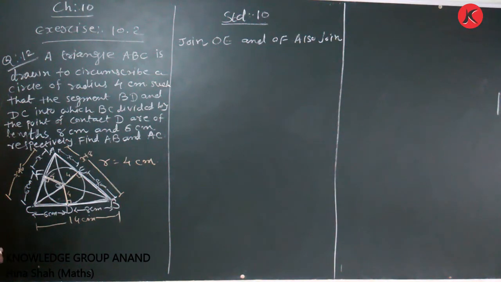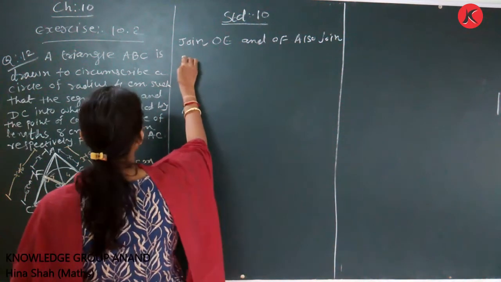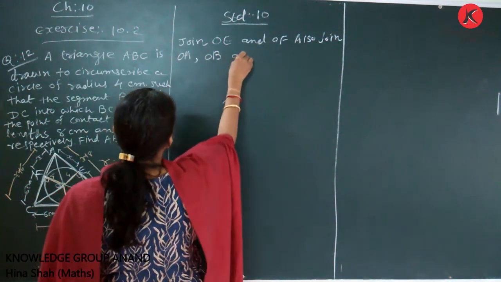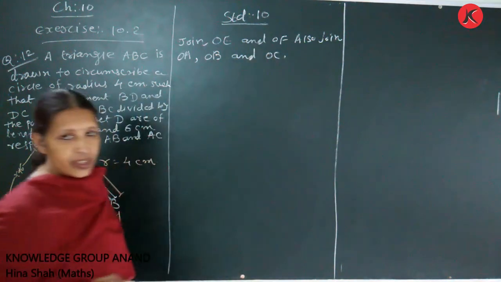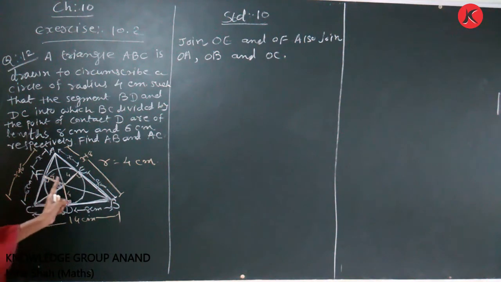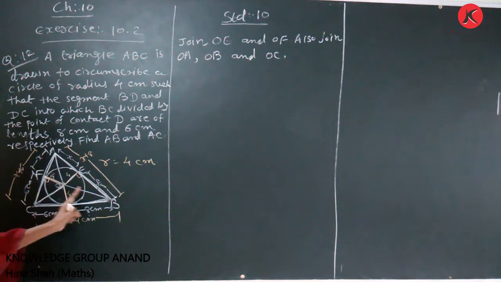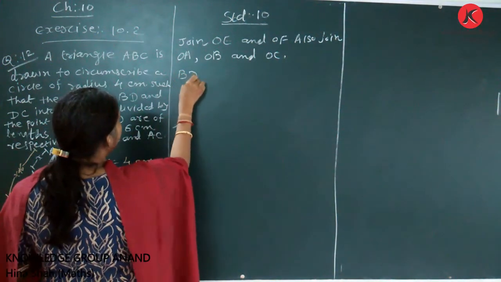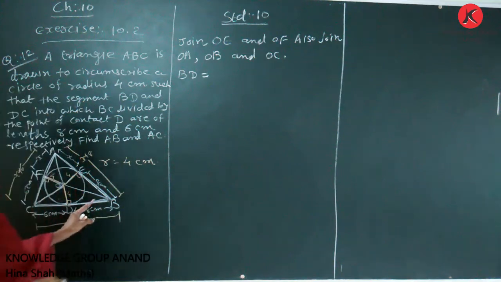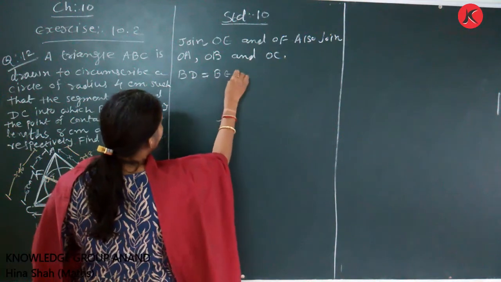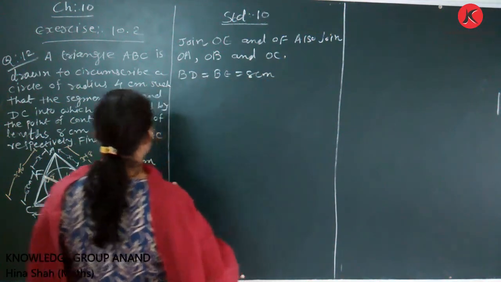Here is our figure. Now, also join OA, OB and OC. BD is equal to BE is equal to 8 centimeter.